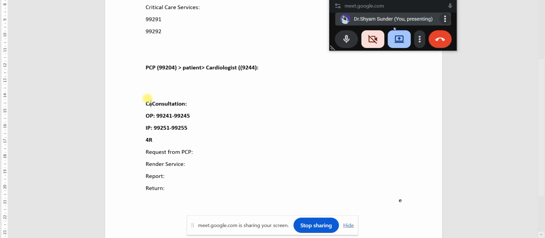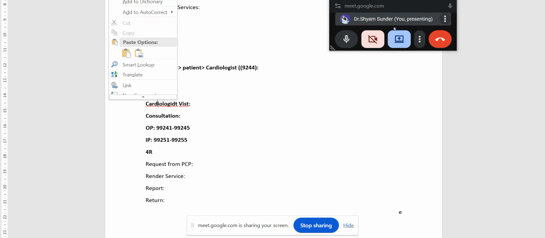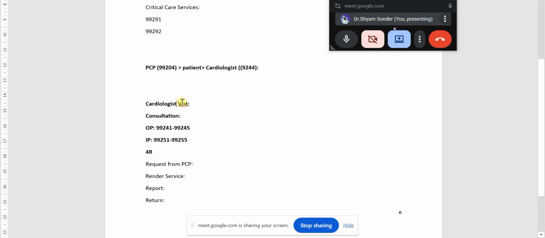The cardiologist visit happened. Now, as a coder, you are reviewing the cardiologist report, the cardiologist visit. Now, don't worry about the PCP. The PCP record is not with you now.